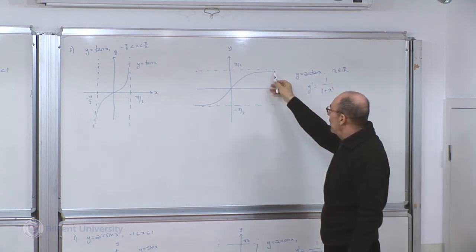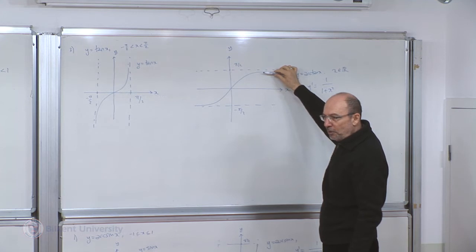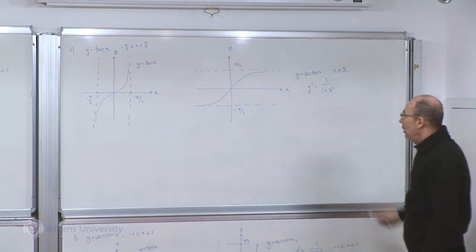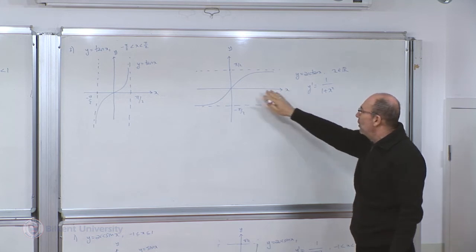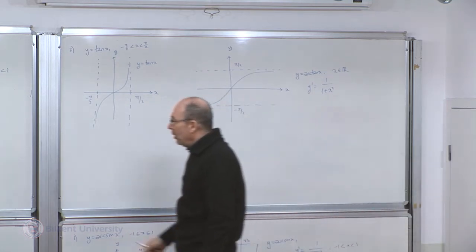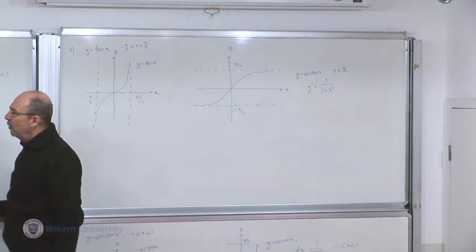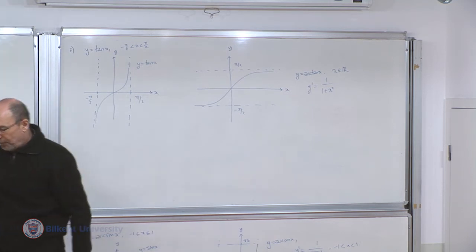That explains the graph becoming asymptotic. The slope of the graph becomes almost horizontal as you move in this direction. So the derivative formula explains the graph correctly. So we are satisfied.